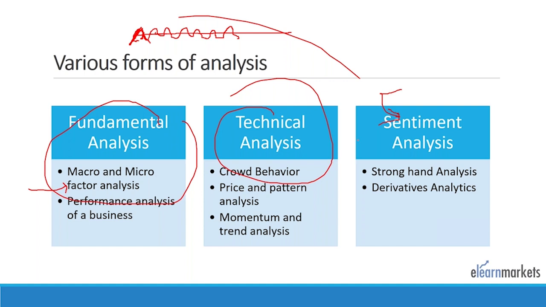So these days, sentiment analytics has become a modern way of predicting what people are thinking about this stock. May not be executed yet, but what people are thinking about this stock. In a very crude way, just take an example that on Twitter, people are talking good things about a stock or a company. That's a form of sentiment. And if more people are talking good things about a company, very likely that company's stock price will witness some kind of buying activity.